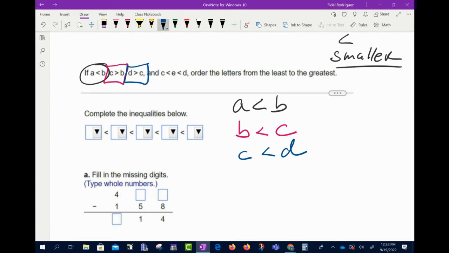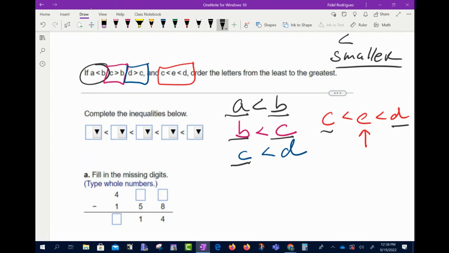Okay. And then I want you to notice this other part that we have over here. The way I read this, y'all, is that the letter E is going to be between the letters C and D. Okay. So look, if A is smaller than B, and B is smaller than C, and C is smaller than D, the smallest number we have is A, okay?